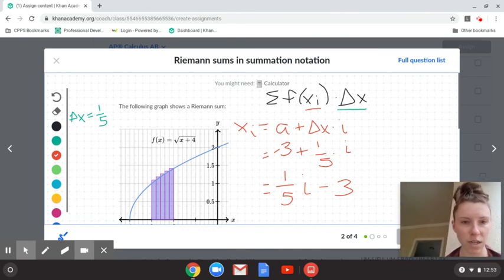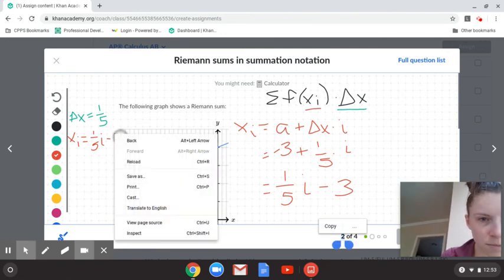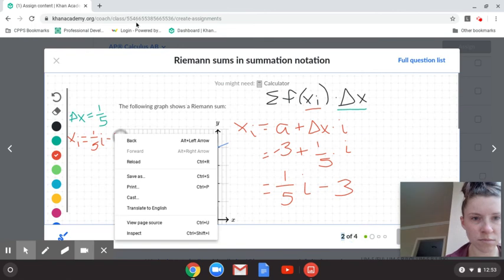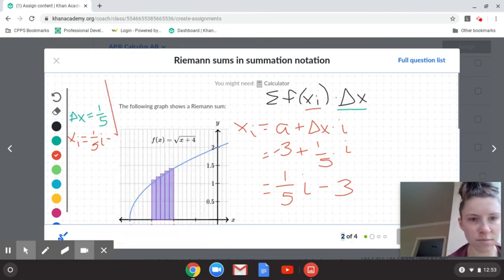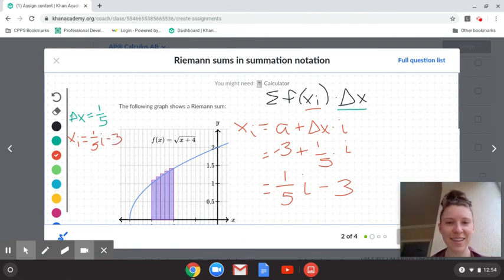So let's write that over here. Three, baby, 3. Okay, there's our x sub I. Now we need to put into our function.